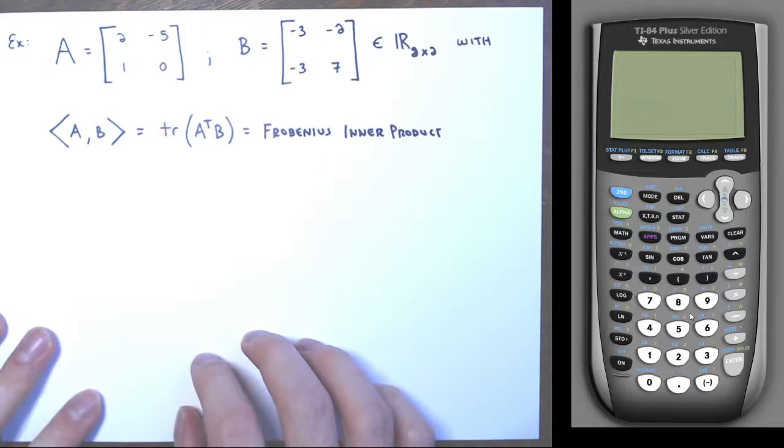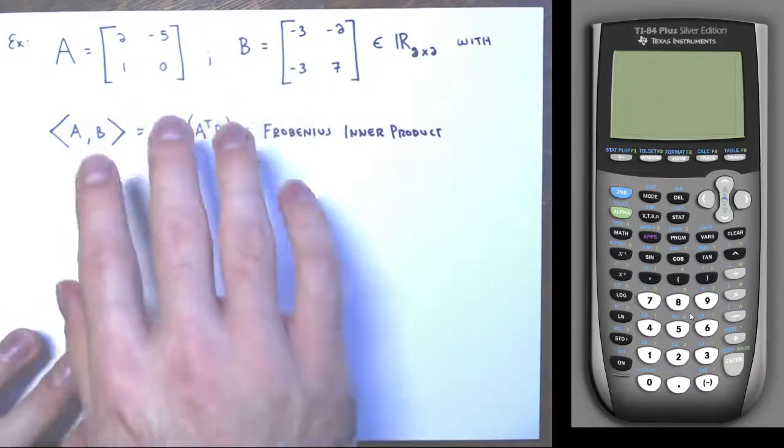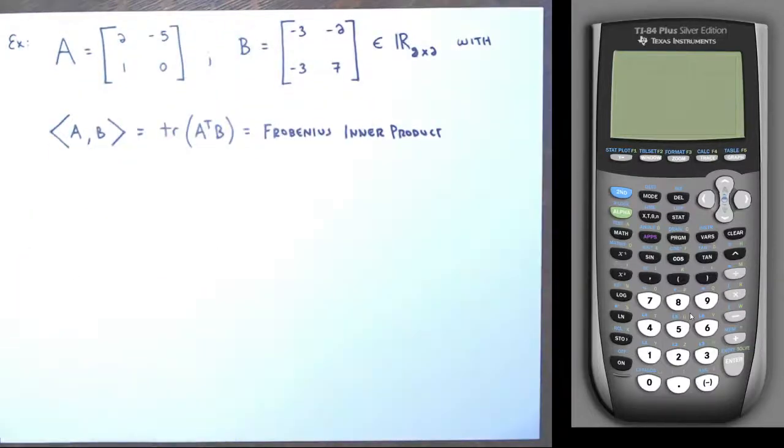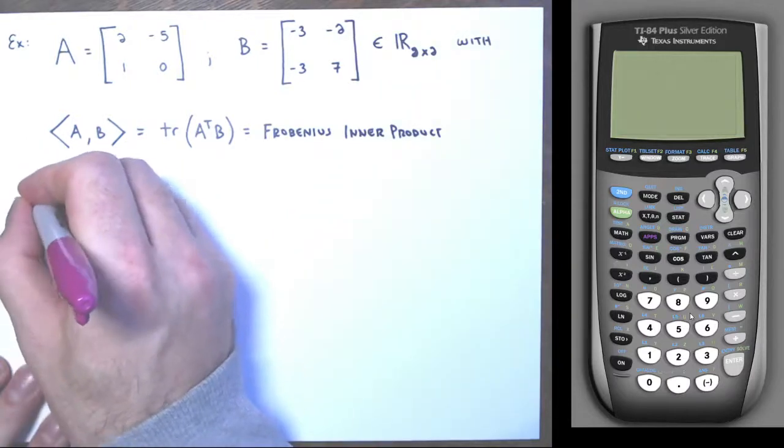All right. So let's see. Are these two vectors, our matrices A and B here, orthogonal under this inner product? So let's find the inner product of these two matrices.